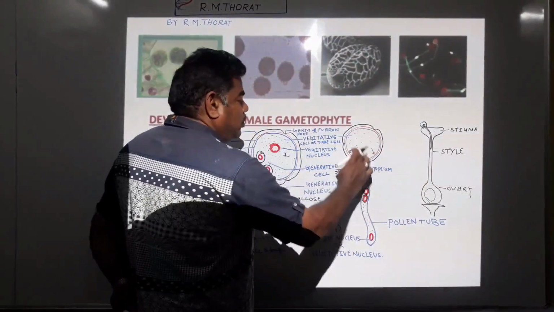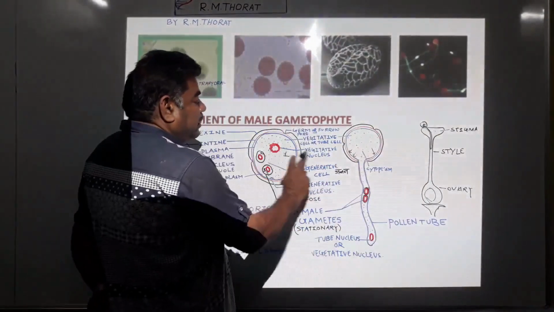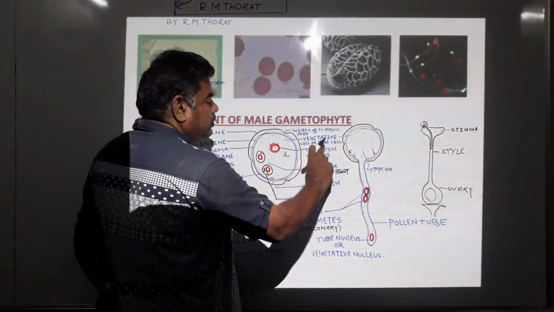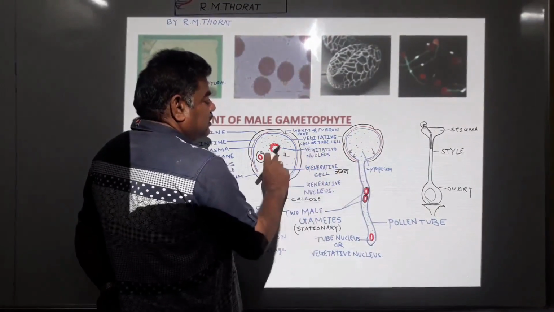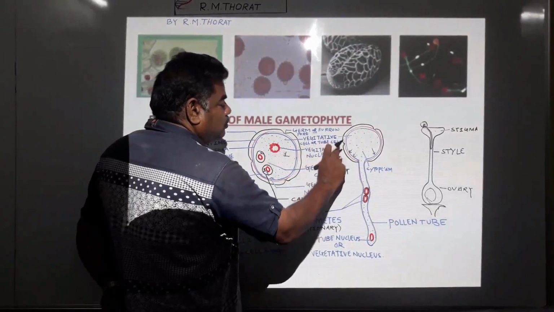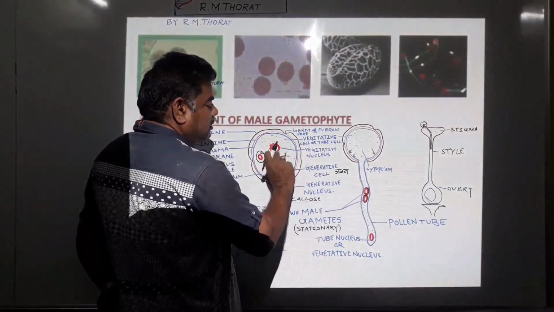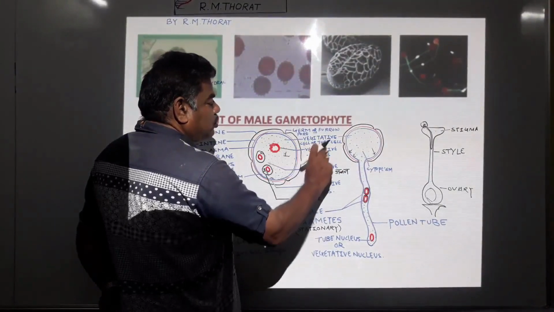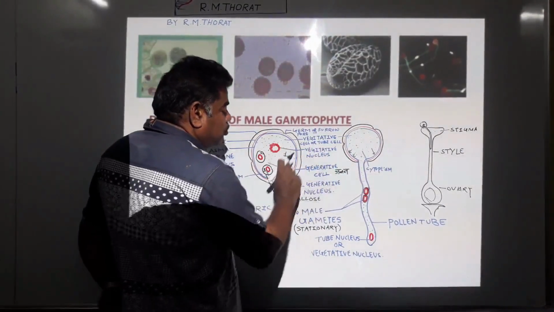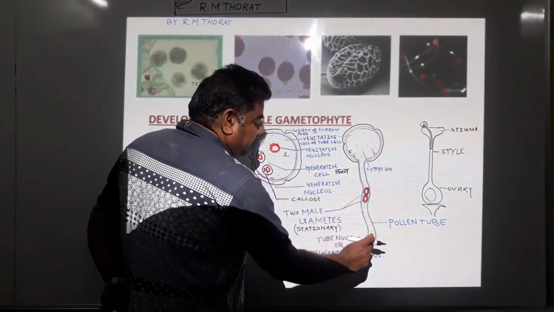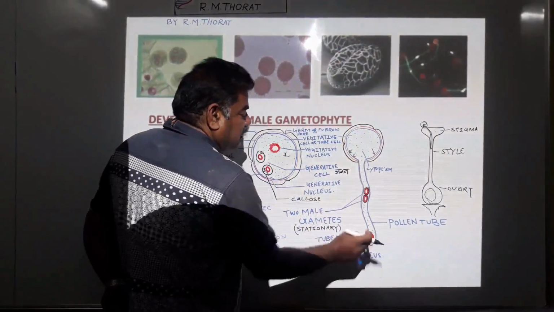When the pollen tube is formed, the vegetative nucleus, this one, we call the tube cell. This nucleus we also call the tube nucleus, or vegetative nucleus. The tube nucleus first moves here and comes to the tip of the pollen tube.